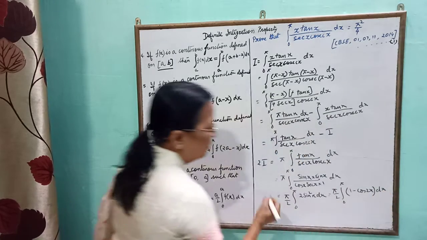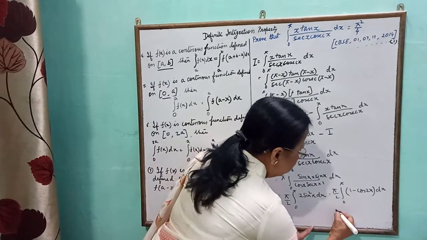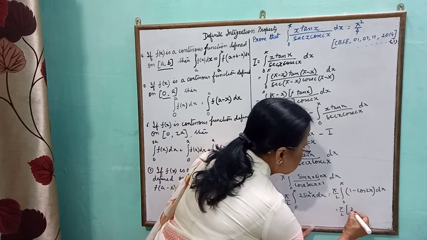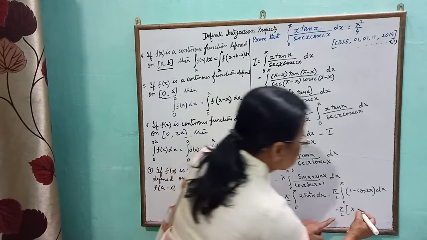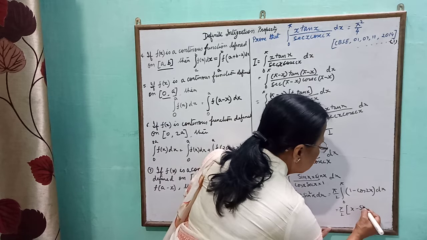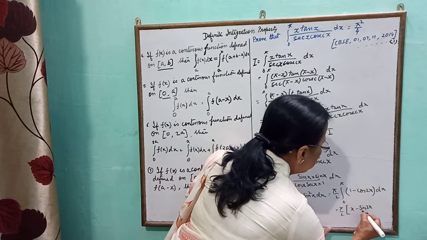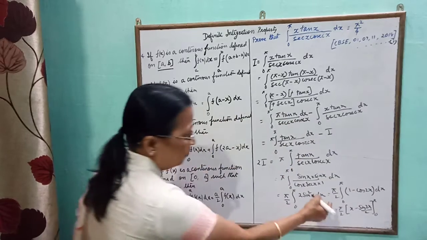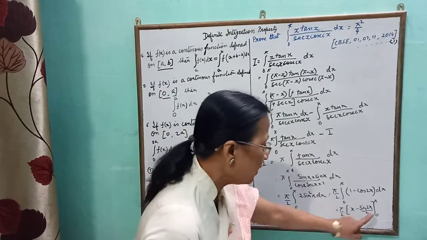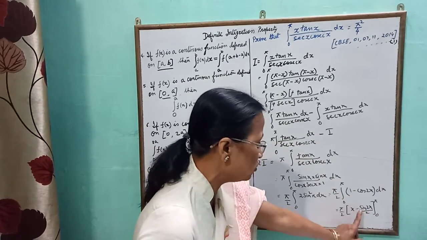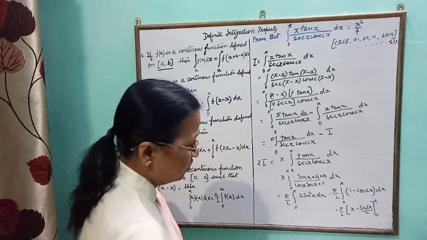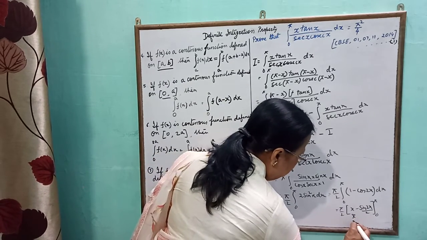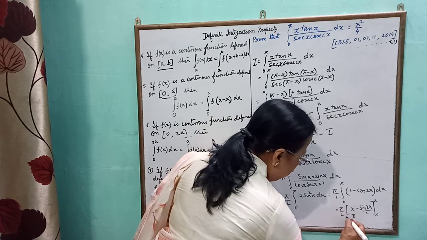Now this is very simple. Integration, this is pi by 2, you can take common, and this is nothing but x minus sin 2x by 2, from 0 to pi. Now here it is pi and sin 2 pi is 0, sin 0 is also 0, so this term will be 0, and this is pi by 2 into pi.